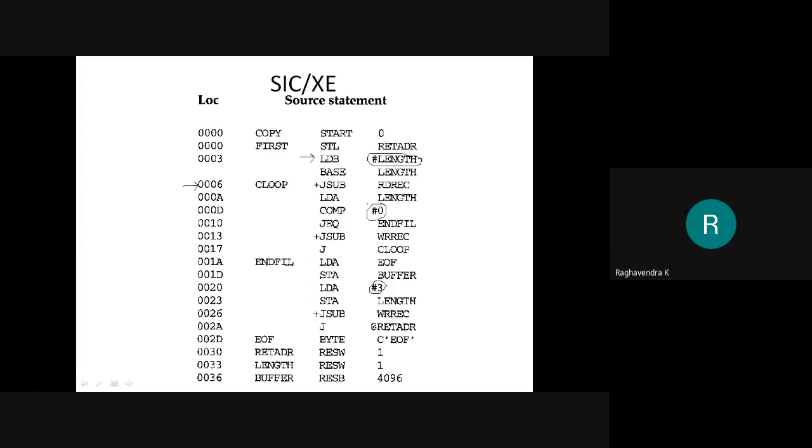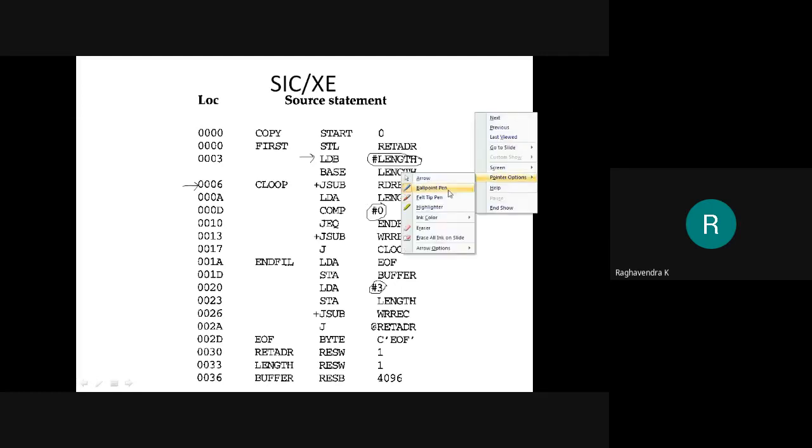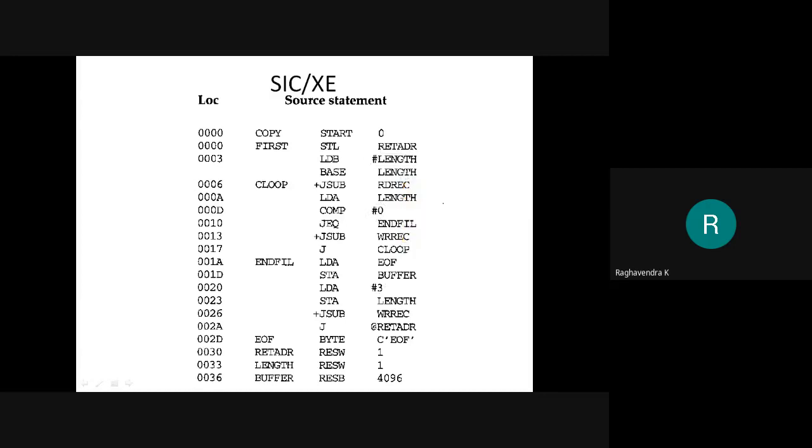But if it is a label, then you set the I bit to 1 as usual, but you need to calculate the displacement relative to that particular instruction and put the displacement in the displacement field. Got it? So this is one change that you need to note down whenever it comes to immediate addressing mode.